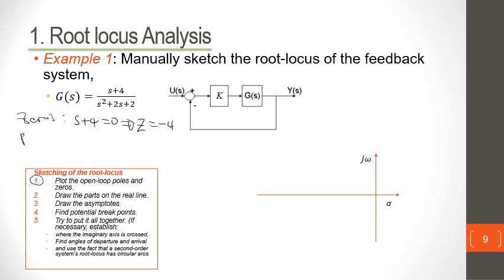And then for the poles, we have s squared plus 2s plus 2. We see that we require a quadratic equation.